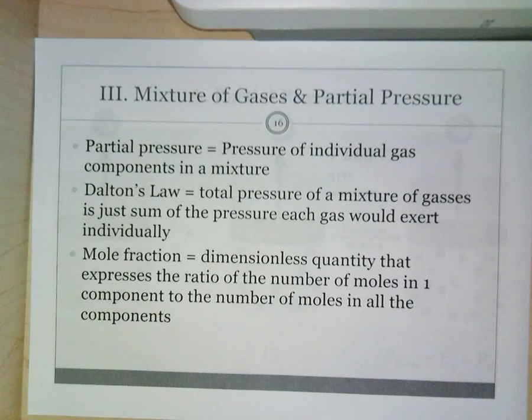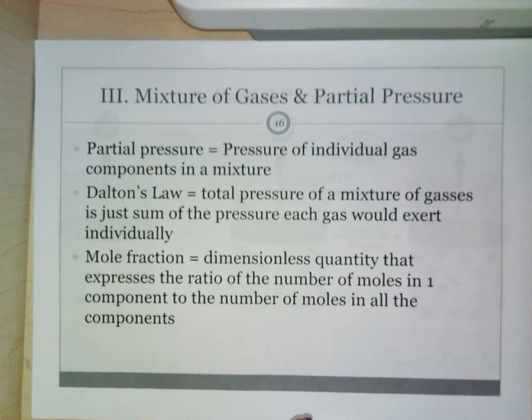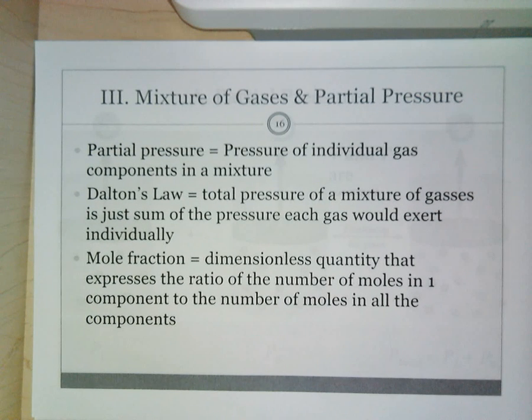Alright, so here are some definitions that we'll need for later. Partial pressure is the pressure of individual gas components in a mixture. So each gas contributes its own pressure to the total sum of the pressure.